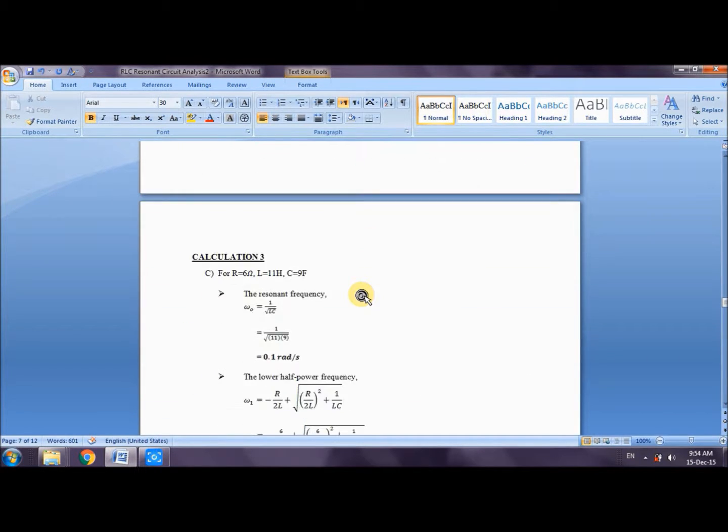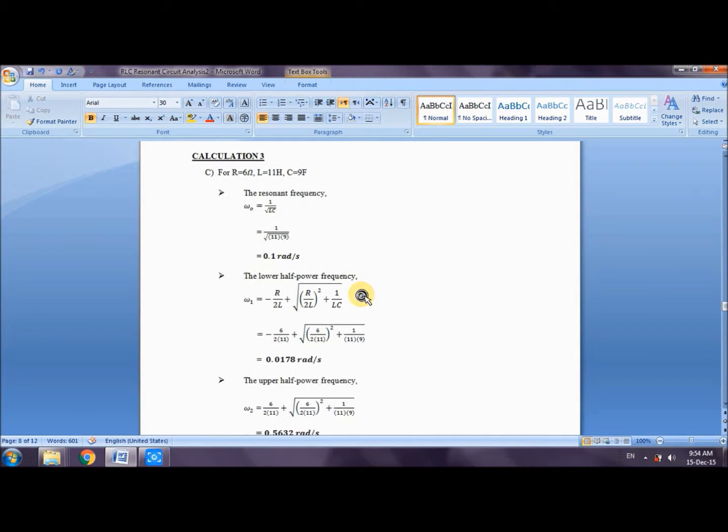For the third calculation, we decide to change all three values of resistor, inductor and capacitor, which we change to 6 ohm for resistor, 11 Henry for inductor and 9 farad for capacitor. For the resonant frequency, we got 0.1 radian per second.